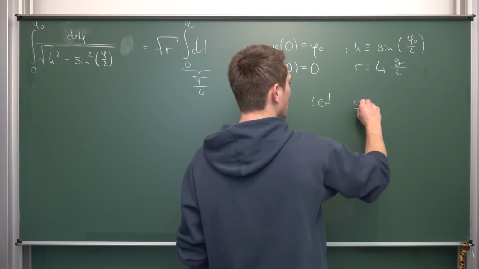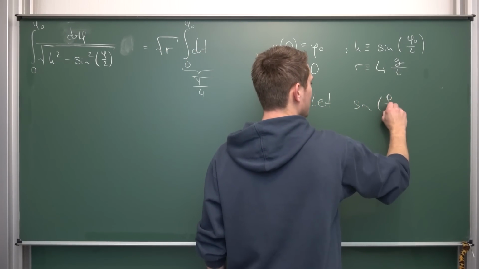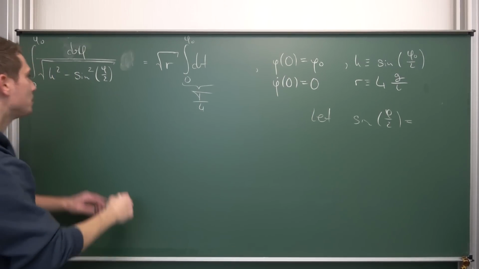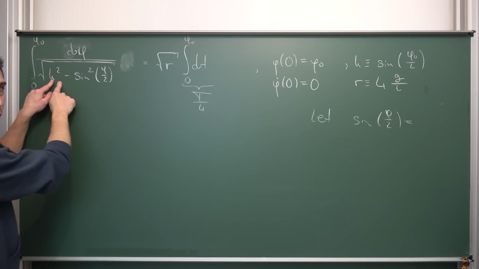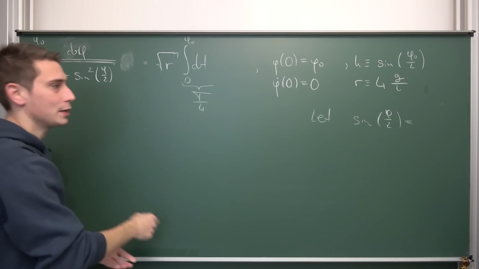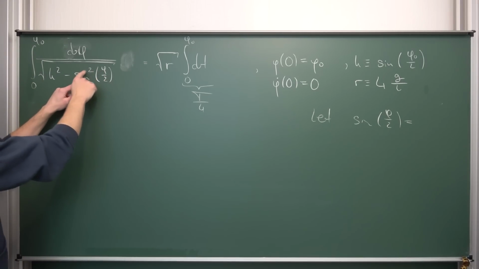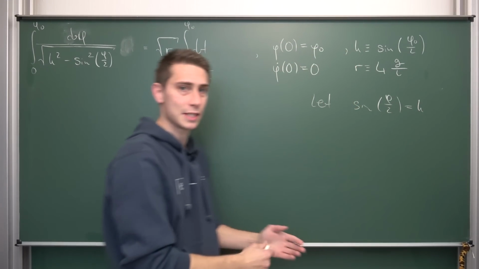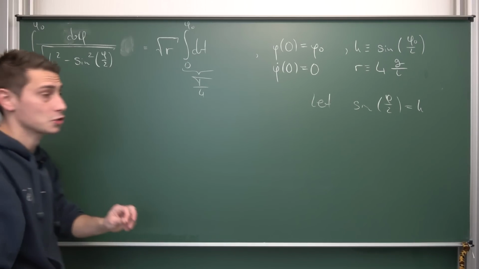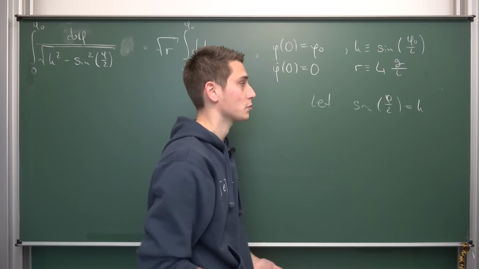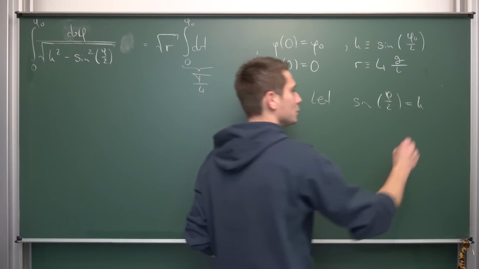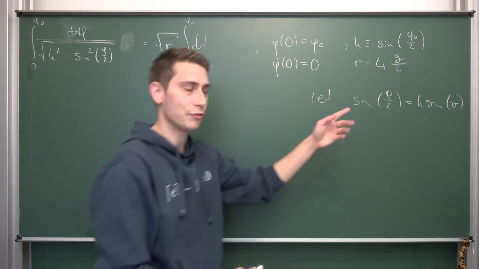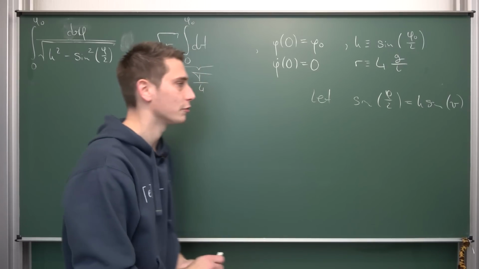Let sine of phi over 2 be nothing but, okay, we want to get rid of this part right here, but we also want to factor out our k squared in some way right here. So if we were to square our sine of phi over 2, we want to get something with k out on the other side, because this way we can factor out the k squared on both terms and take the square root of that. But also we would like to introduce a new sine with respect to an angle, vartheta. This thing right here is a theta, it's a vartheta.